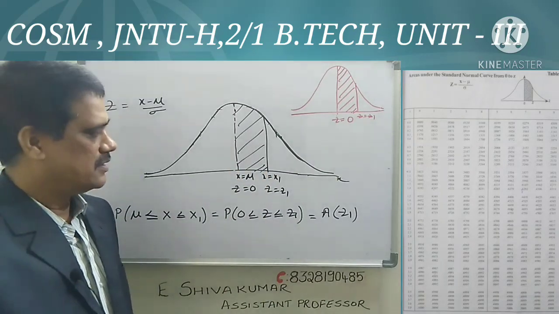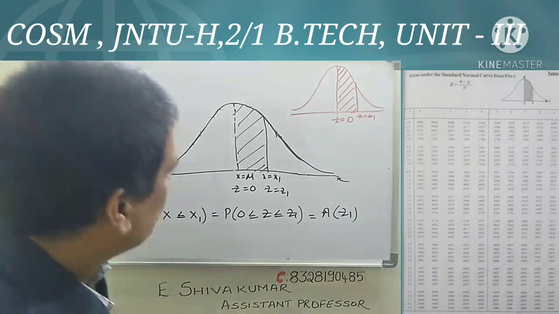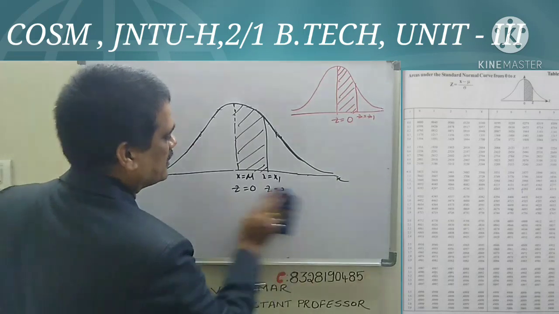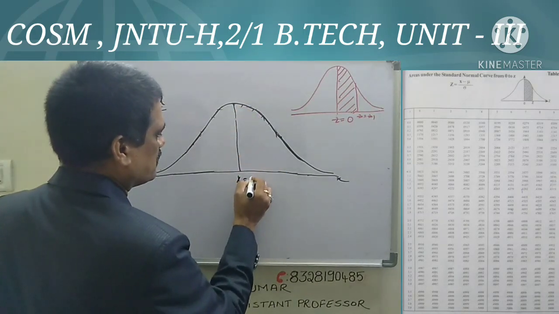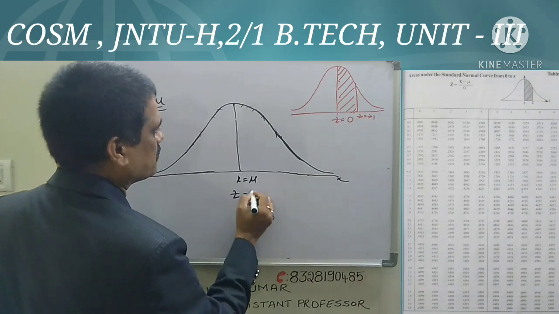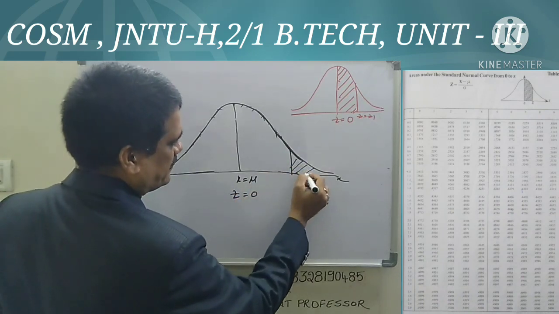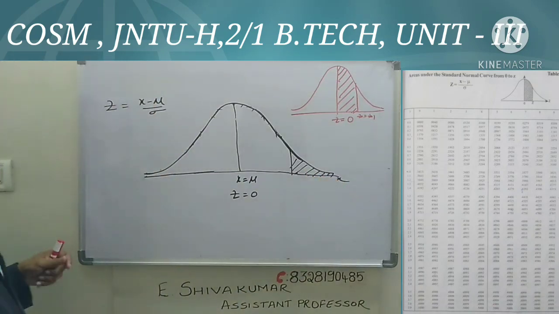Right. Now if you want to calculate the area under the normal curve for another region, where this is x equals mu and this is z equals 0, how do we do it?